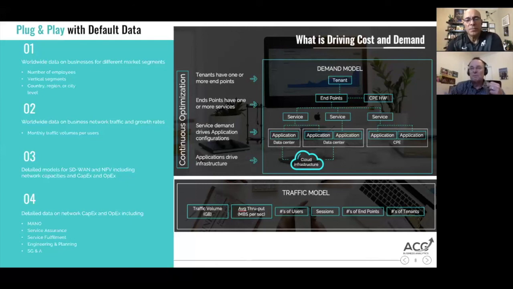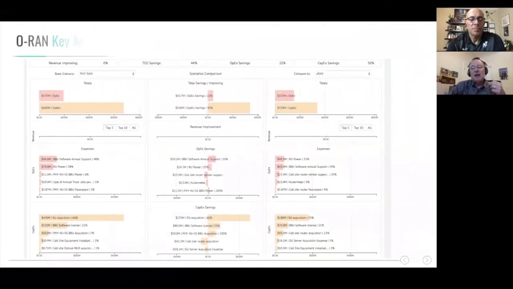Awesome. Okay, are there any sample outputs that you can review really quickly? So the outputs, we've got a really wide variety of outputs, Ray. We don't really have time to go through all of them, but we've done a lot of visualization of the economics, and this is one example.